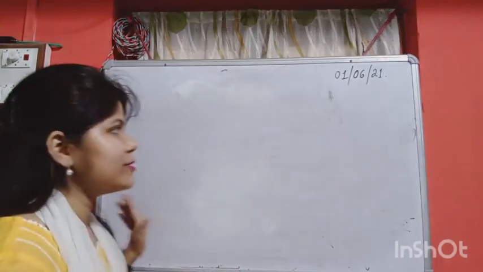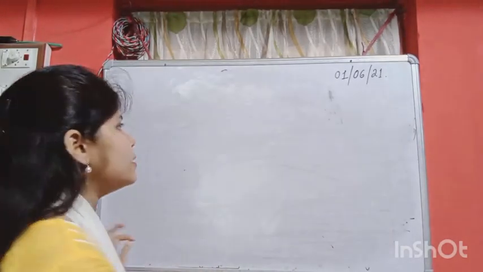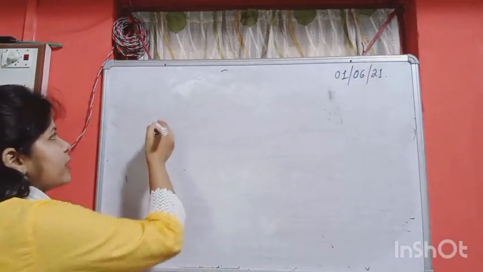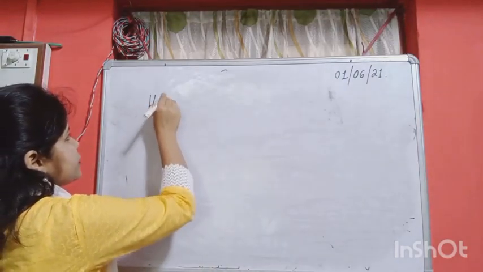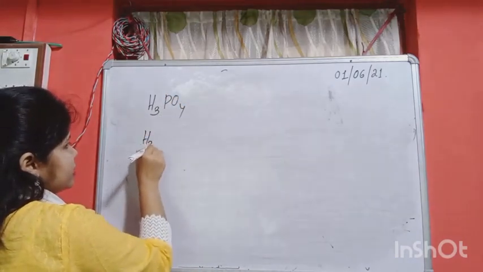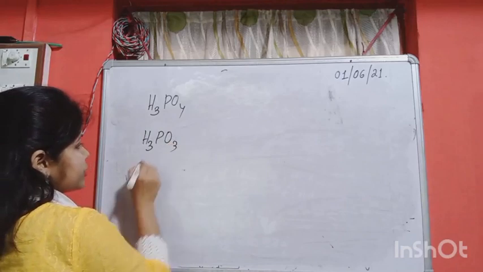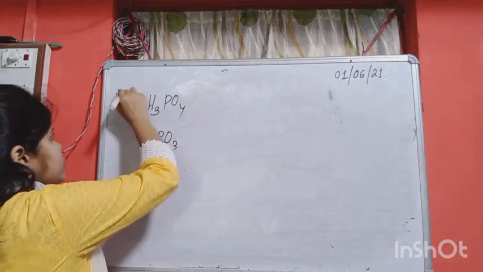So for the normality I have told you about Na2CO3. There are some special cases also to consider for the equivalent mass. Suppose I am considering H3PO4. These are the special cases. H3PO3, H3PO2, these are some of the compounds which I am considering.